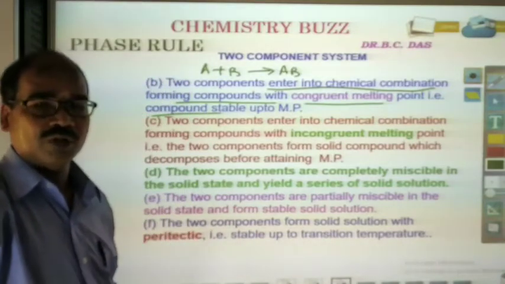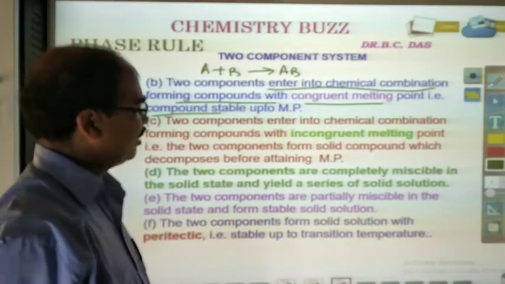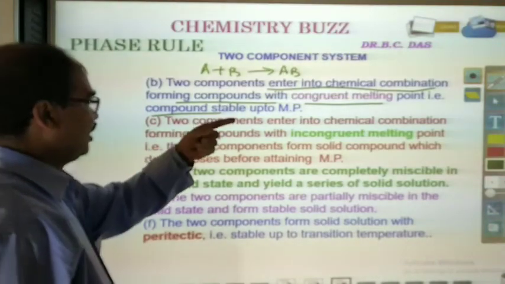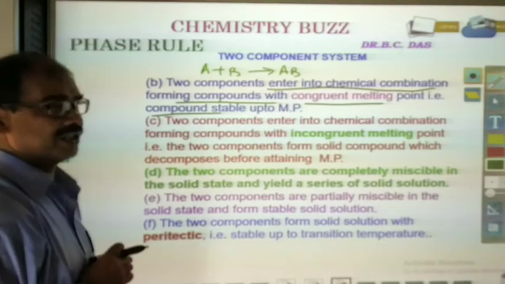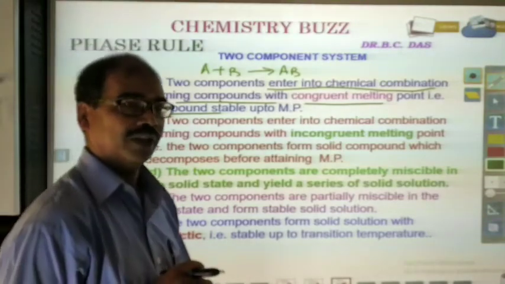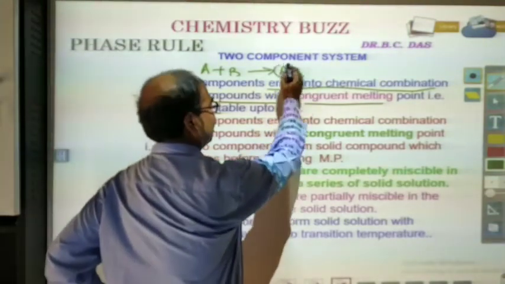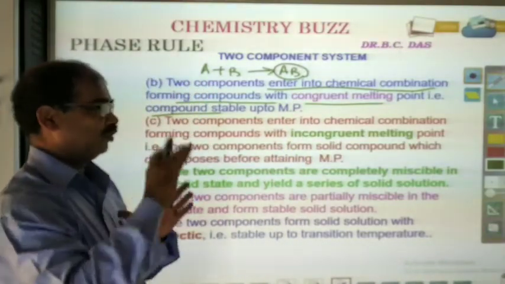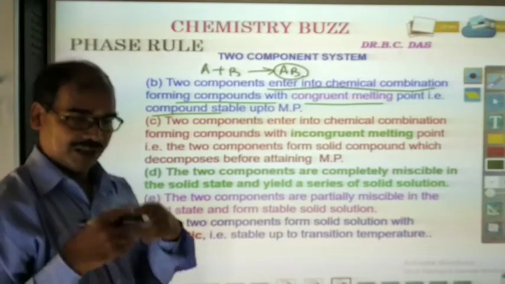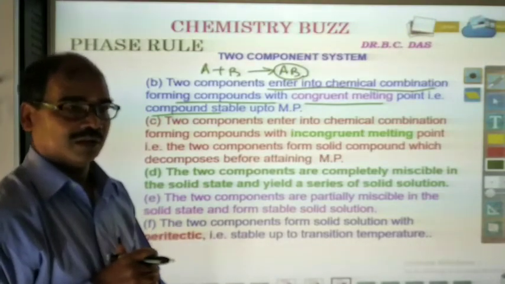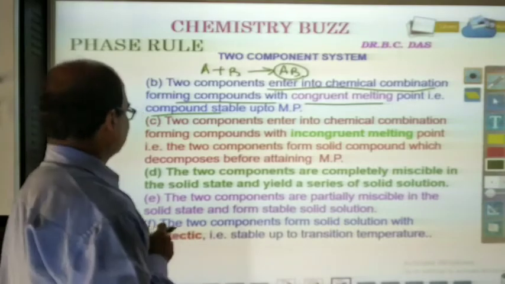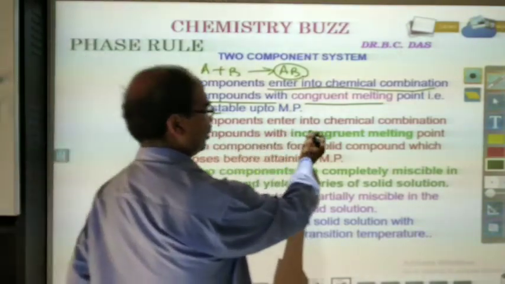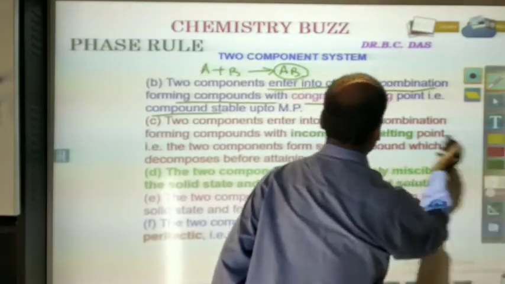You are very much acquainted with melting point, but for the first time we will be coming across this congruent melting point. The congruent melting point means the compound is stable up to the melting point. The compound formed, AB, if we heat it, will be stable up to the melting point. At the melting point, it will dissociate.